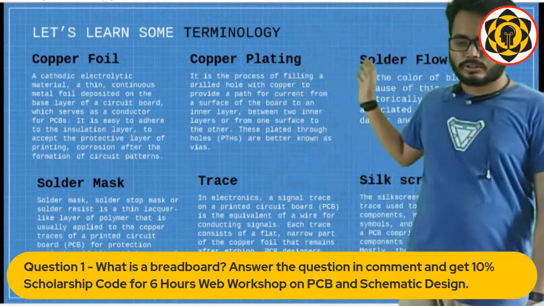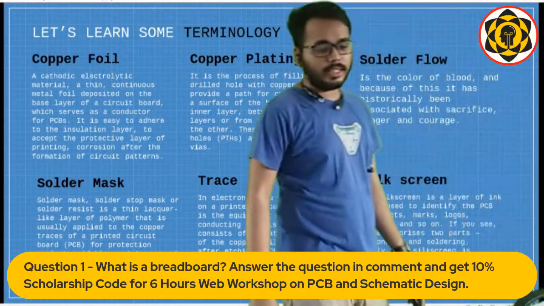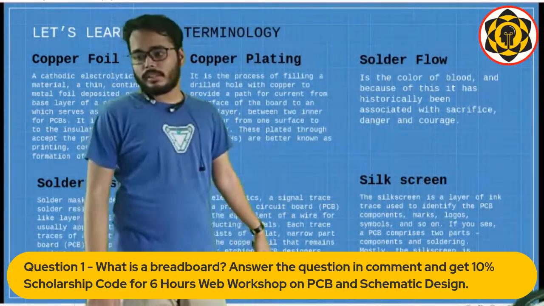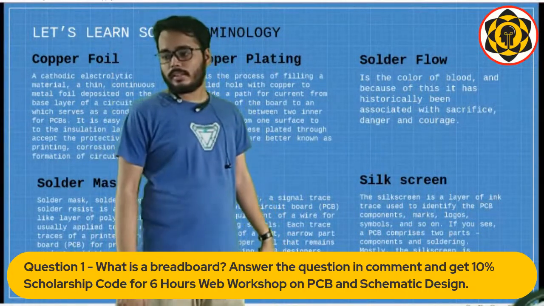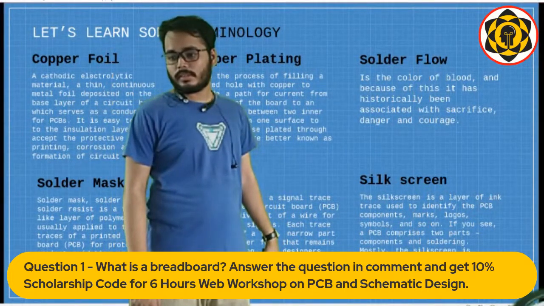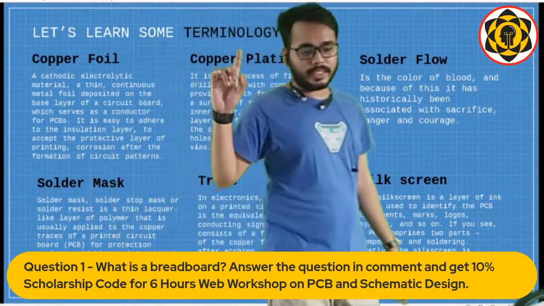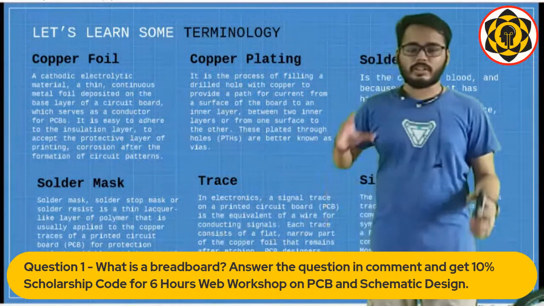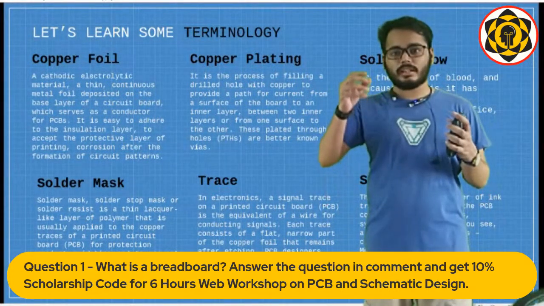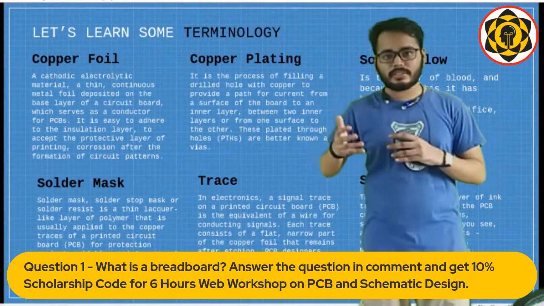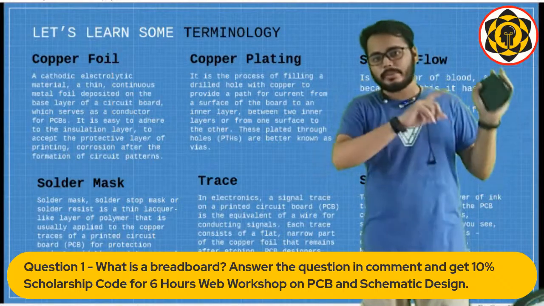Next is solder flow. Anyway, solder flow is basically the points at the holes which allow the solder to flow from one side of the PCB to the other side.